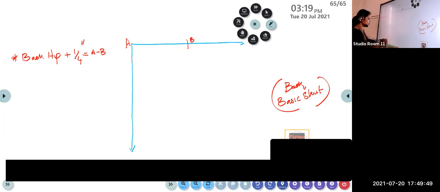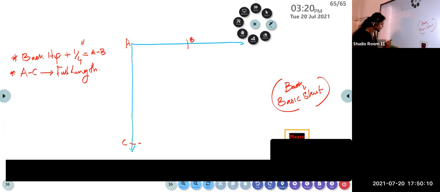I'm going to name it C. So A to C is the full length of the skirt. And now I'm going to extend my line from point C, perpendicular to line AC and parallel to line AB.